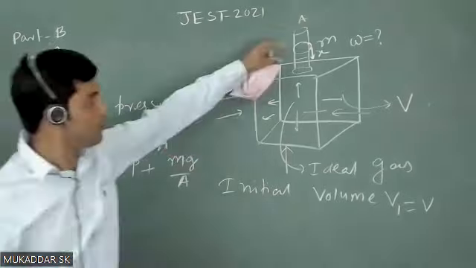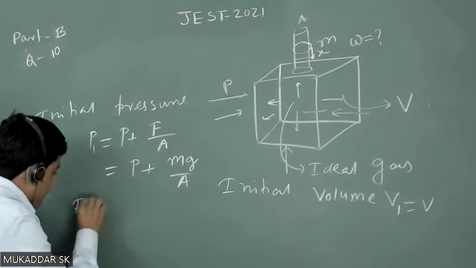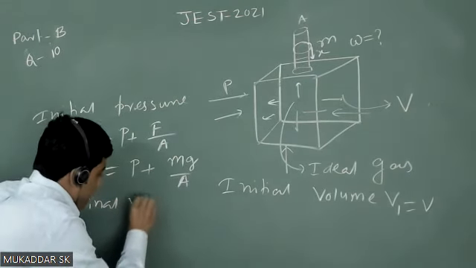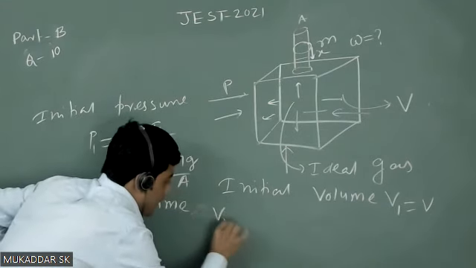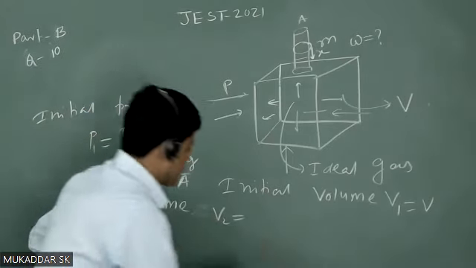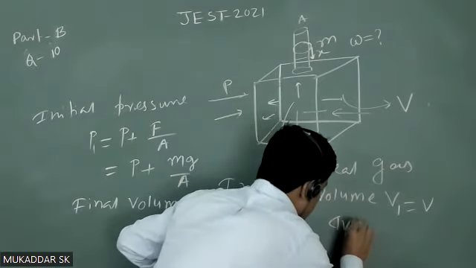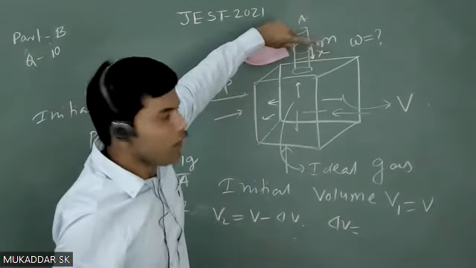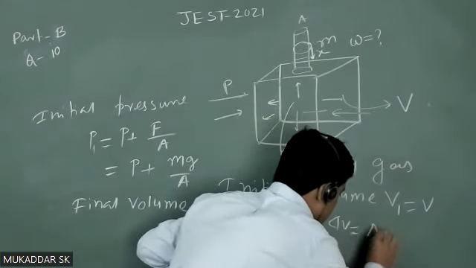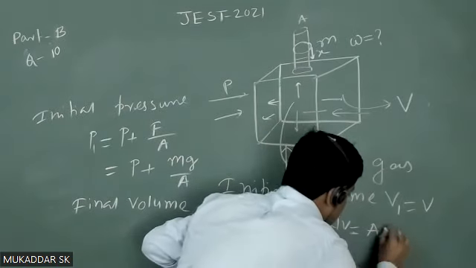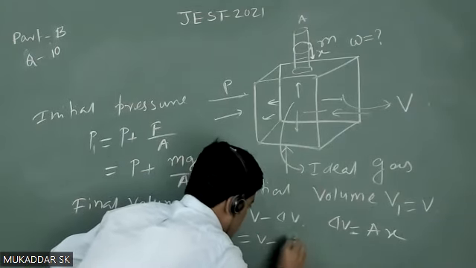So if you displace this ball by an amount x, the final volume, V2, will be V minus delta V, where delta V is the cross-sectional area into the displacement, A into x. So this means that V2 will be V minus A x.